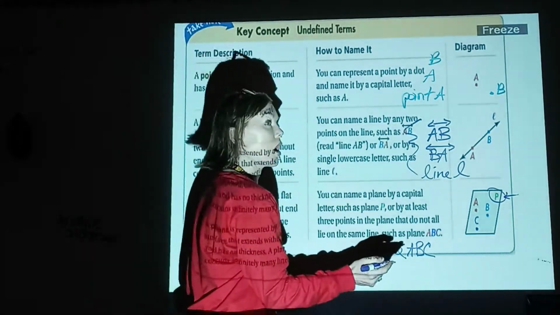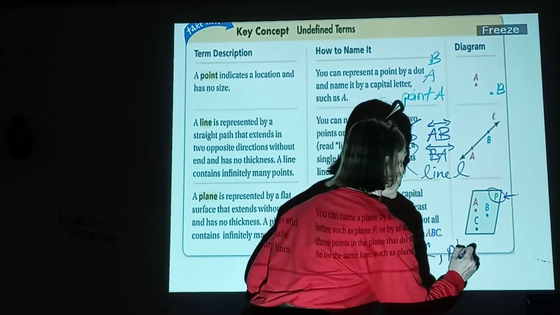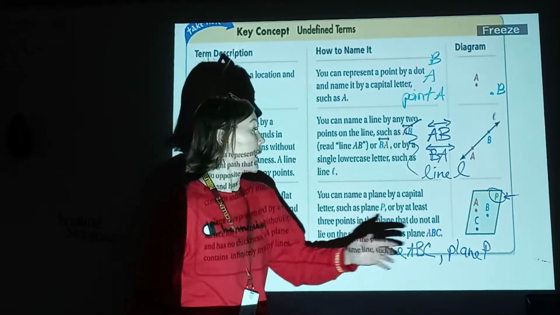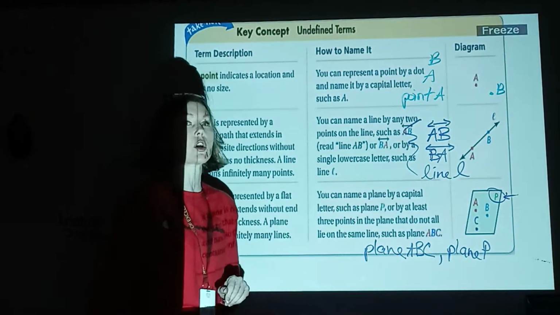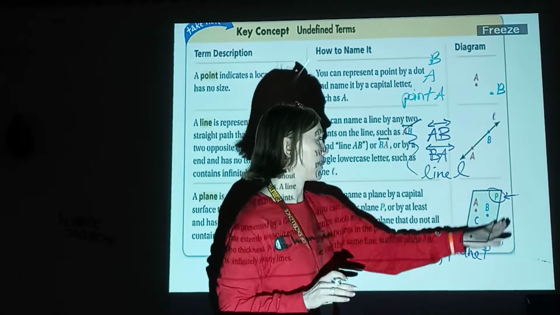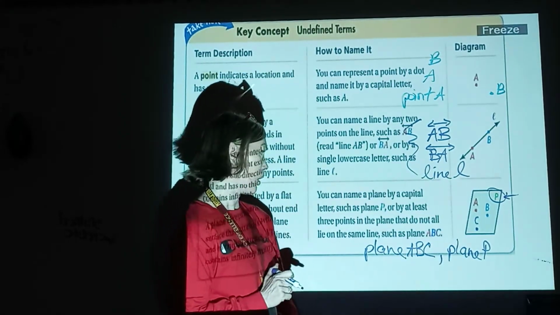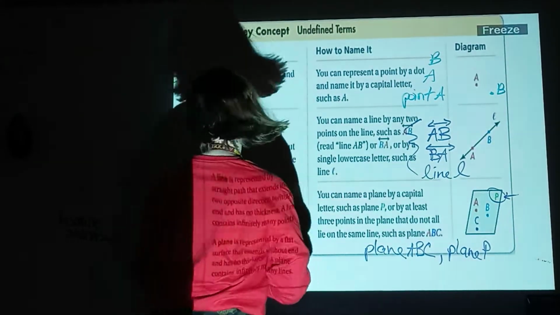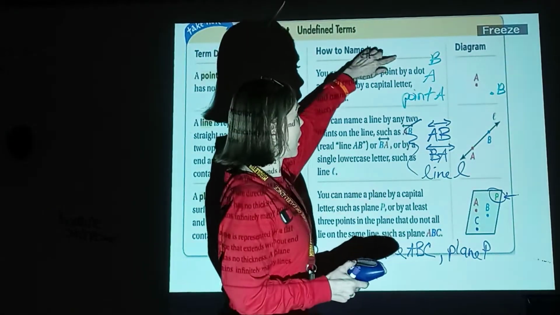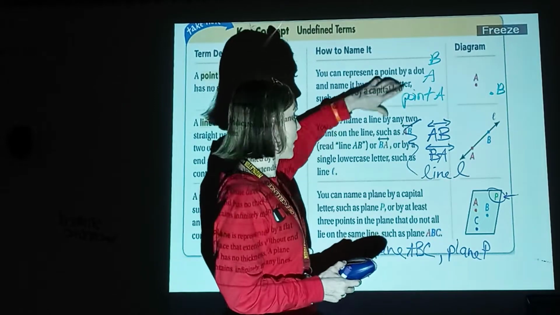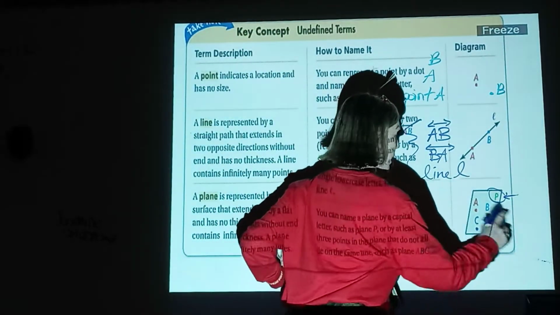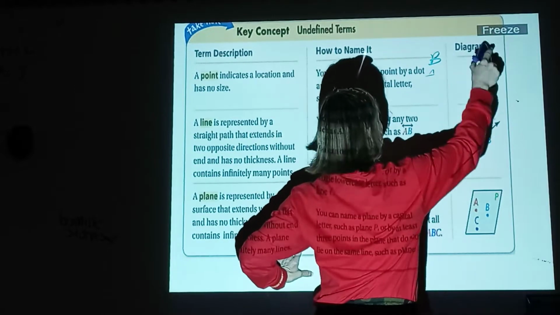You could also call this plane P. Whatever capital letter is in the upper right-hand corner of that plane, okay, you could call it plane P, that capital letter, okay? So that's point, line, and plane. So there's 2 ways you can write a point, 3 ways you can write a line, and then the 2 ways that you can write planes. Okay, moving on.